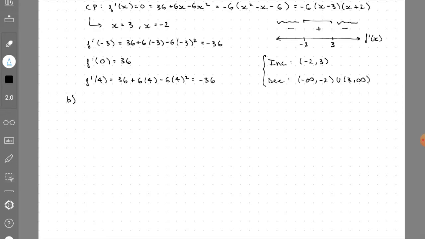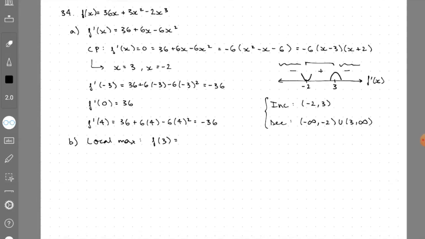If you look at the number line again, we see that the slope here is going down and then up, and here it's going up and then down. So just by looking at this picture, we can tell that the local max is going to be at 3. It's going to be f of 3. We can calculate this by plugging it into our original equation, which is up here.